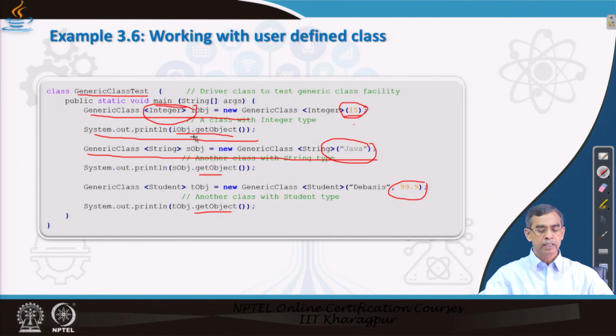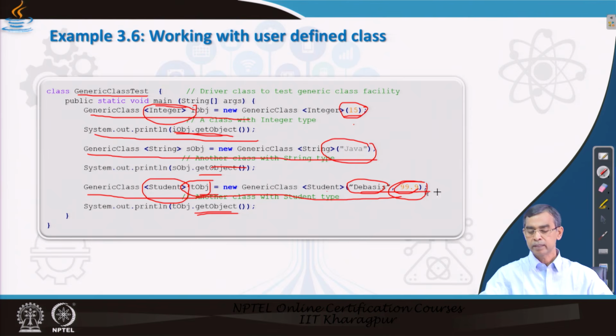So, this program works for integer, this for string, this for print, and in place of it, if we declare here, for example, generic class student, as you see student is a type we have discussed already, this is an object of it that we created as generic, and then here we initialize it passing two values because it needs a string name and then marks as a floating point.